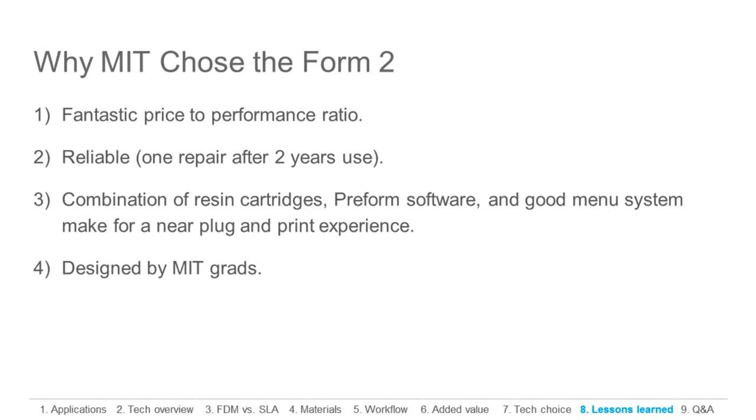I've made kits with students before that were absolutely about making a 3D printer and not about what the final result looks like. But for a general shop environment, it's great to have a system that all works together very well. And then finally, it was designed by MIT grads, so that definitely counts for something around here.